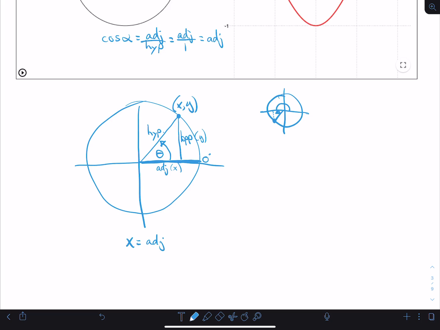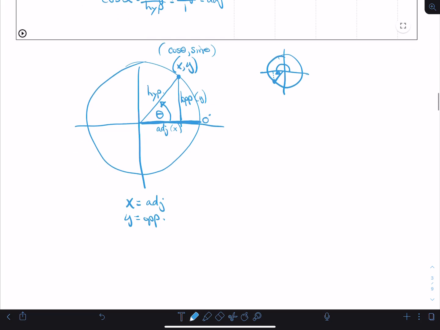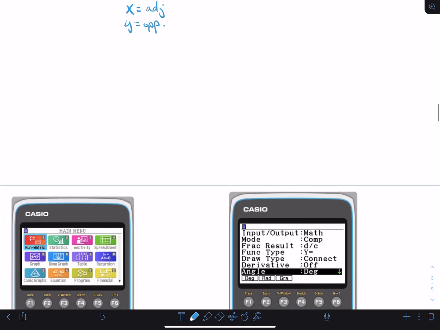The y would be the opposite side. Okay. So in the case of a unit circle where the hypotenuse is 1, remember those are equal to adjacent would be cosine of the angle, and y would be the sine of the angle. Like that. Okay. So that's kind of cool. It's kind of interesting.